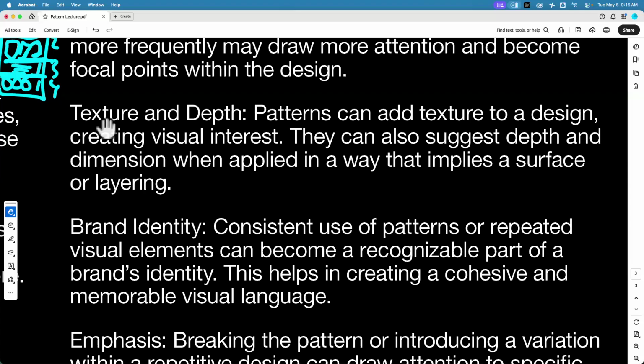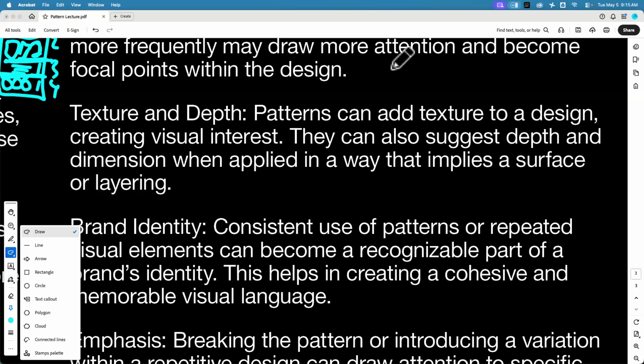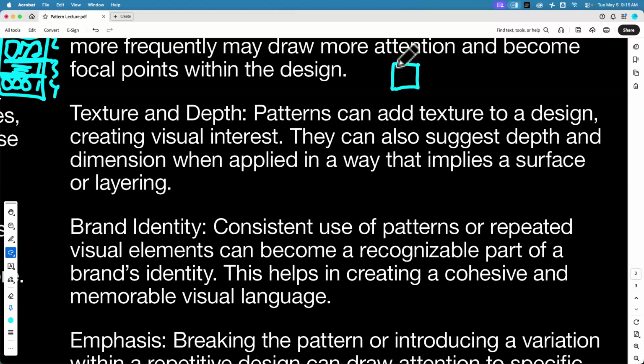So you can use the patterns to create that texture and depth in the background. A lot of those pre-made presentations just have a real mild pattern in the background to keep things interesting. You can have a solid blue background, or I could have a pattern of dots.